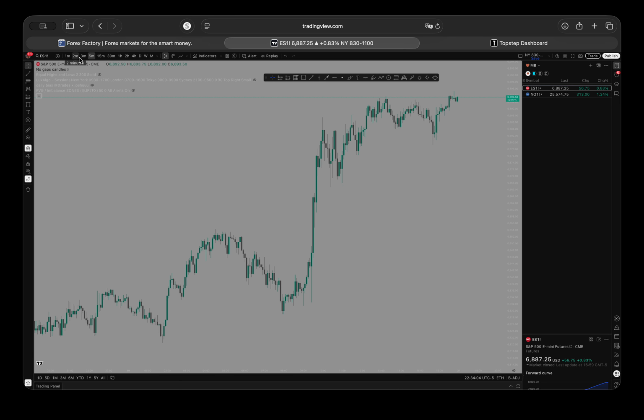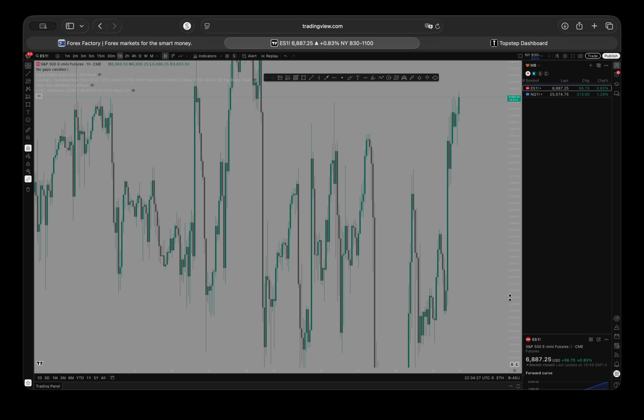Then you have the times at which you want to set your candles. So every single candle or every single stick represents a time period. Each stick is either 1 minute long, 2 minutes long, 3 minutes long, 5, 10, what have you. For me right now, these candles are 5 minutes long. If I go to 1 hour, they'll look a little bit different.